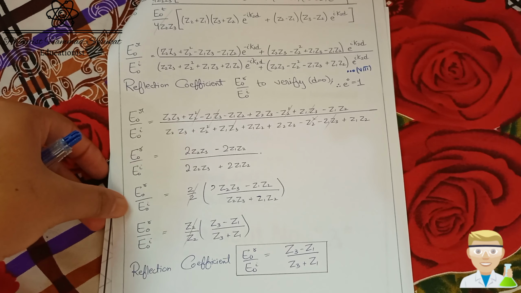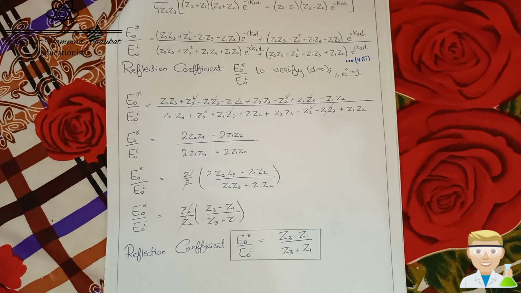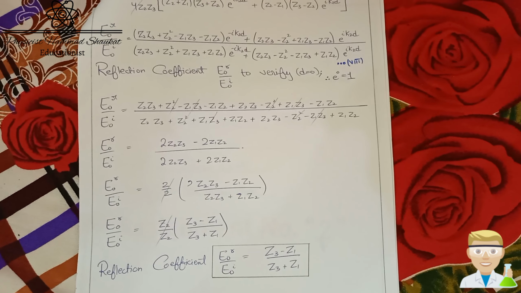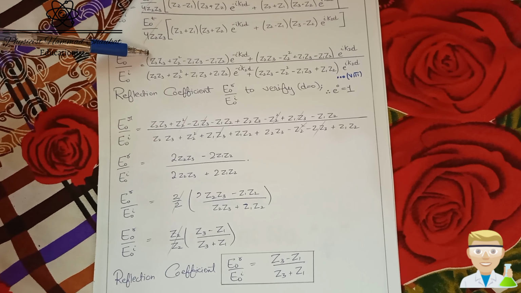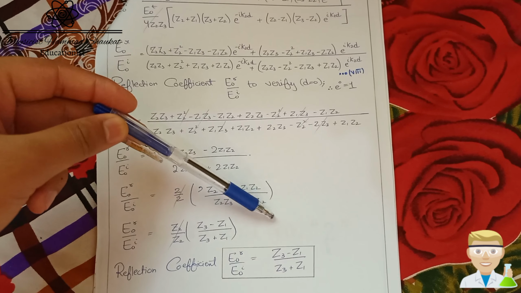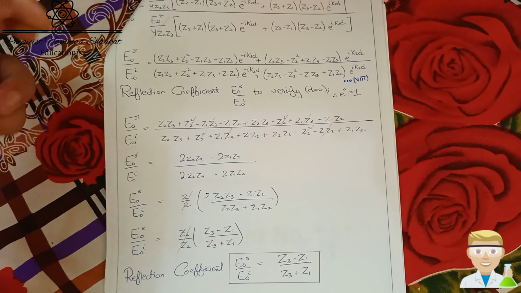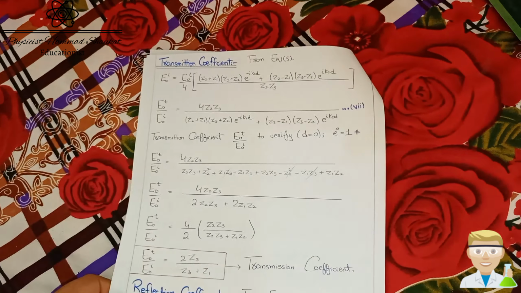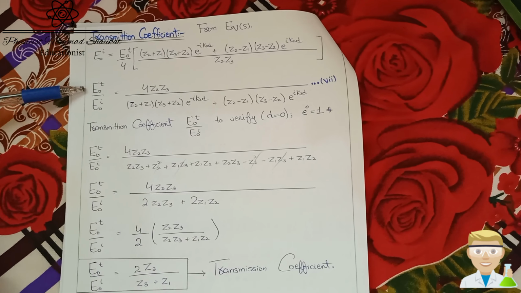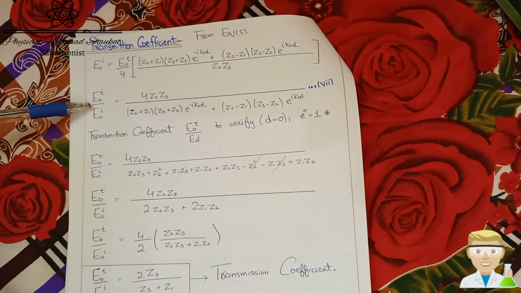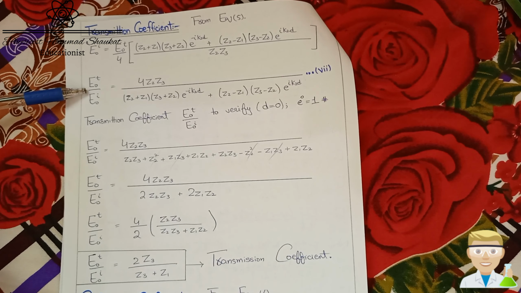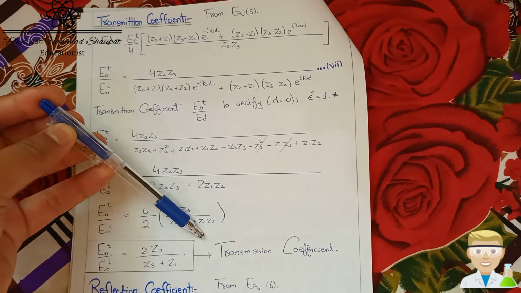We successfully found our reflection and transmission coefficients. This is our main reflection coefficient answer, which we verified is correct, and similarly this is our final answer for the transmission coefficient in three regions, which we also checked is correct.